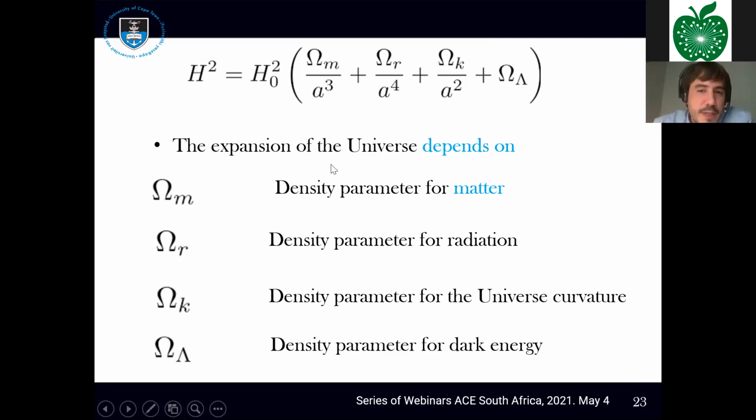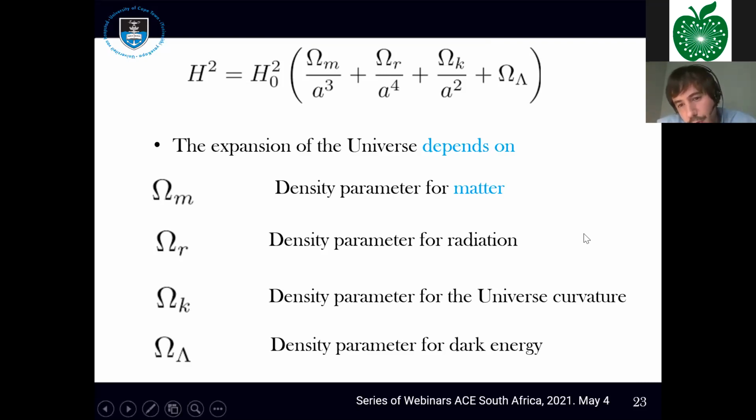The density parameter for matter is, in general words, the density of matter, the amount of matter or the content of matter there is in our universe. The density parameter for radiation is the content of massless particles we have in our universe, for example photons. All the radiation is included in this parameter.